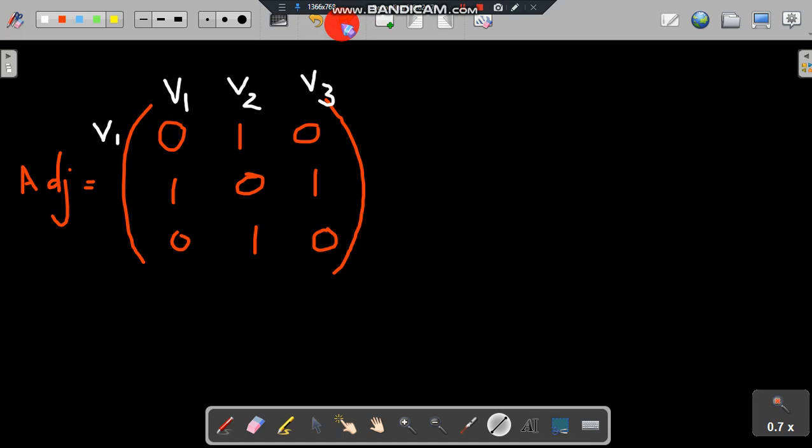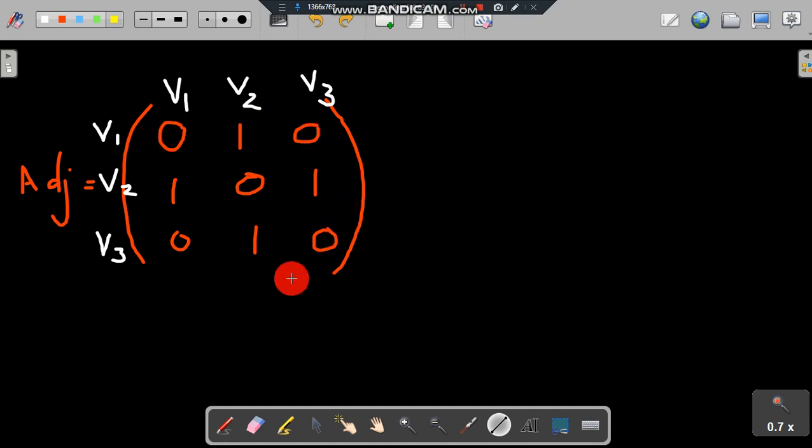Now V1 corresponds to the first row, V2 denotes the second row, and V3 the third row. So this is what we call the adjacency matrix, based on adjacency of the vertices.